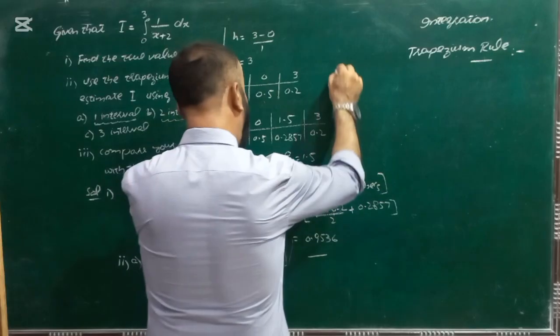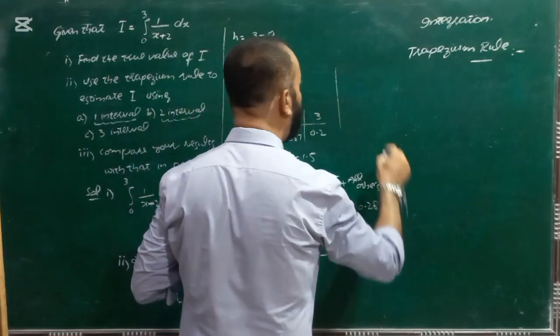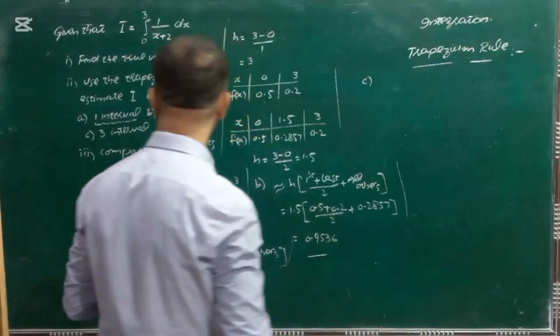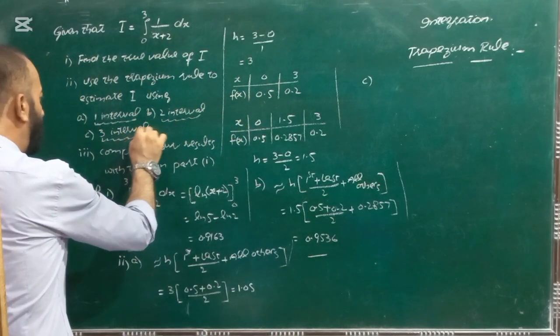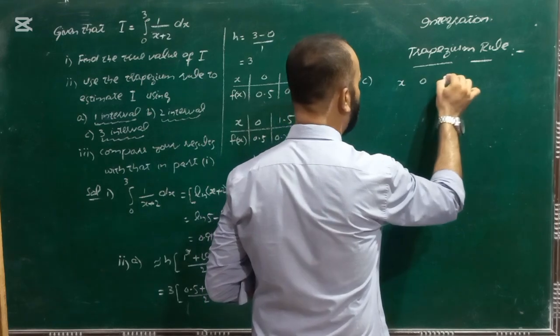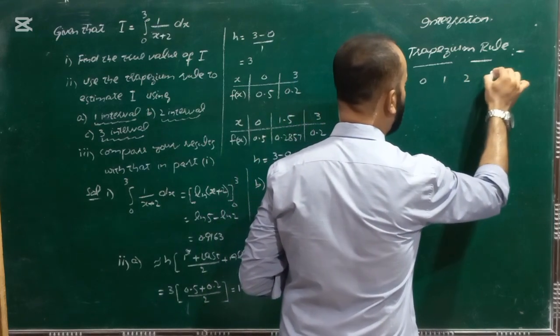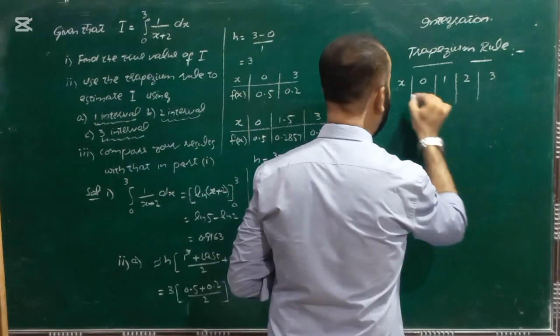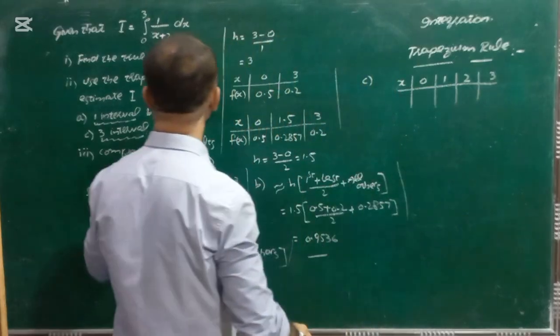Okay. Now we are going to solve the C part. For C part, it is given that 3 intervals are there. So it means you have to go from 0 to 1, then to 2, then to 3, and put these values into the function.